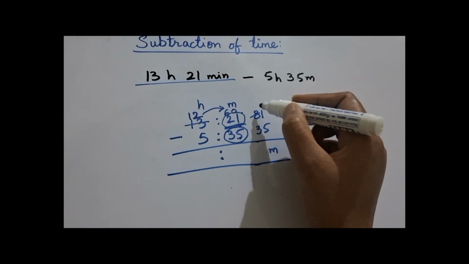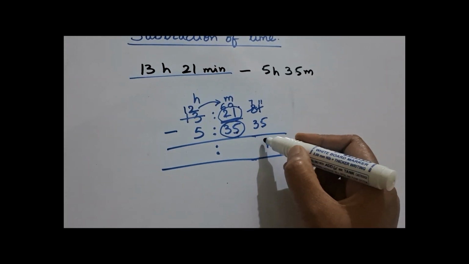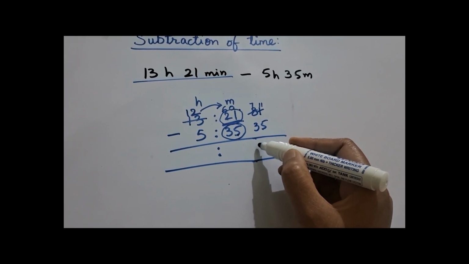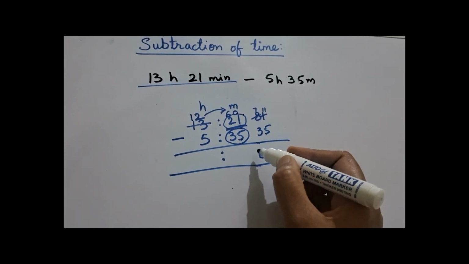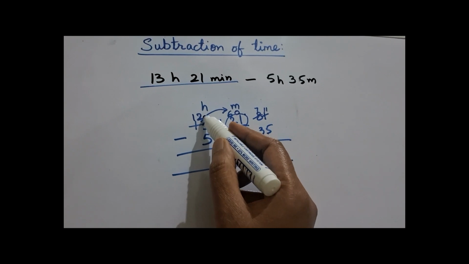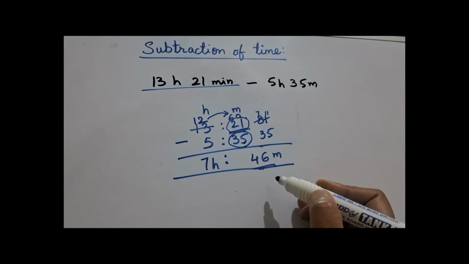Okay, so this will become 11 minus 5, that is 6, and 7 minus 3, that is 4. Okay, 46 minutes. Now here 12 hours minus 5 hours, that is 7 hours.